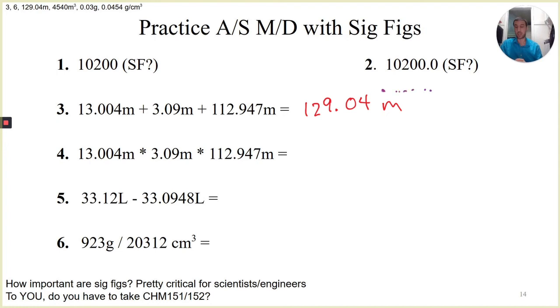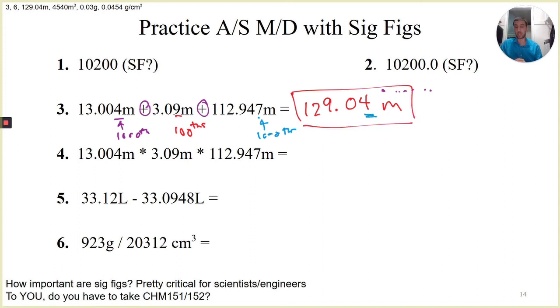You have to cut it off at that 4 because when we're going through addition, we can only report to the least precise place. This one goes to hundredths, and this one goes to our thousandths. Again, hundredths is the last place I can report to, 129.04 meters.